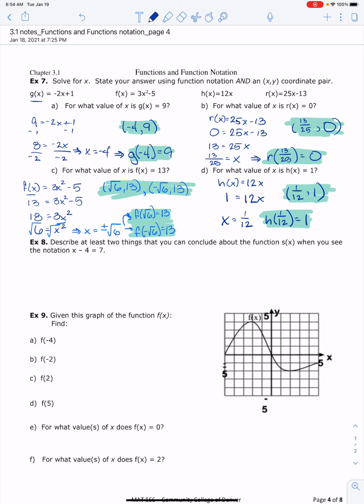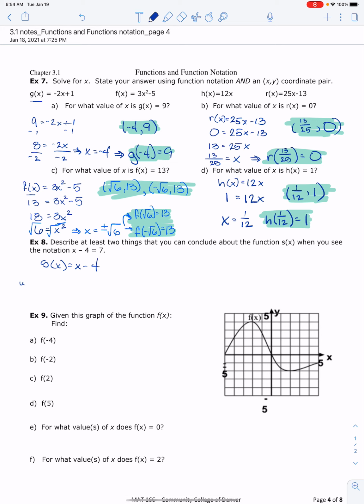So moving on to example 8, we need to describe at least two things that we can conclude about the function s of x when we see the notation s of x minus 4 equals 7. We could call s of x, x minus 4.